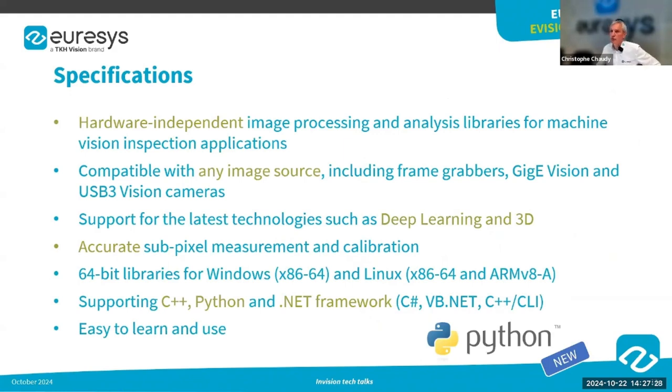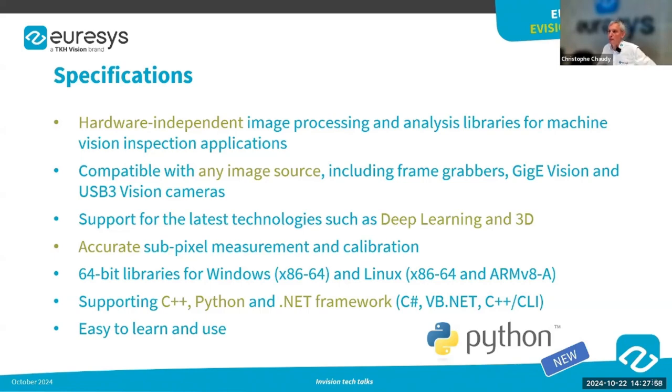And it's important to note that eVision is not linked to a specific hardware. So you can process any images with eVision. So we are compatible with any sources, frame grabbers, files, or whatever. We have fairly high precision in measurements for pattern matching or Easy Gauge.